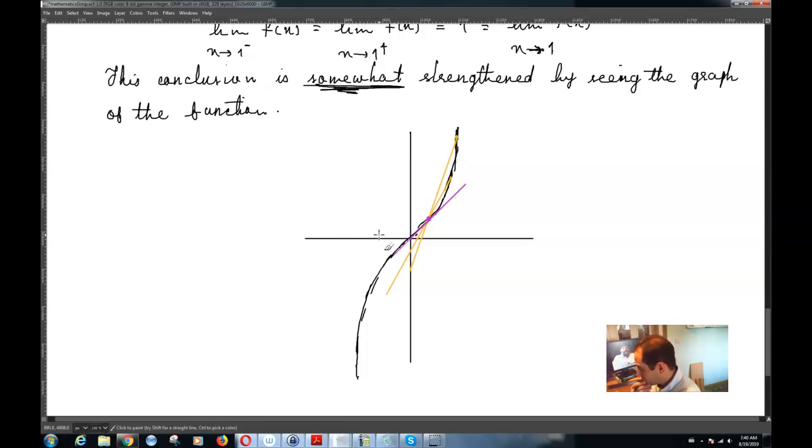So therefore we have used the word somewhat, meaning that you're just taking a look at the graph of the function. Otherwise, if you zoomed in on the graph of the function at any point, or at any interval of the domain of the function, then you could see anything inside.